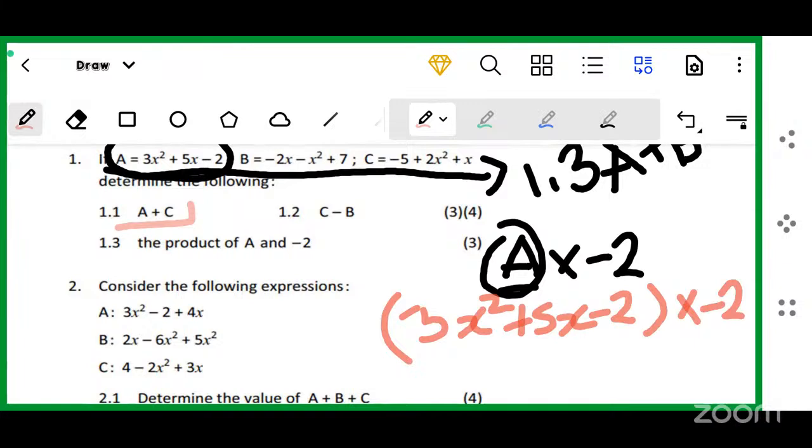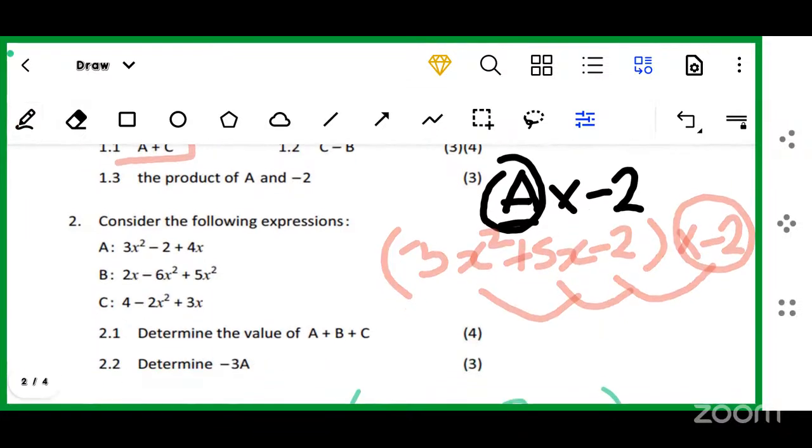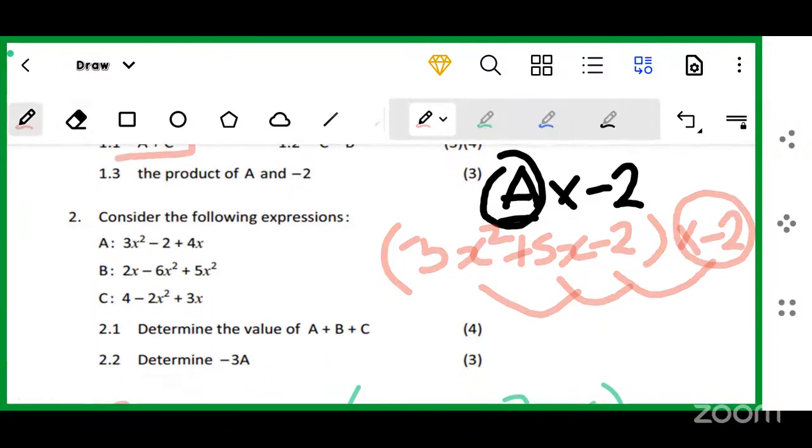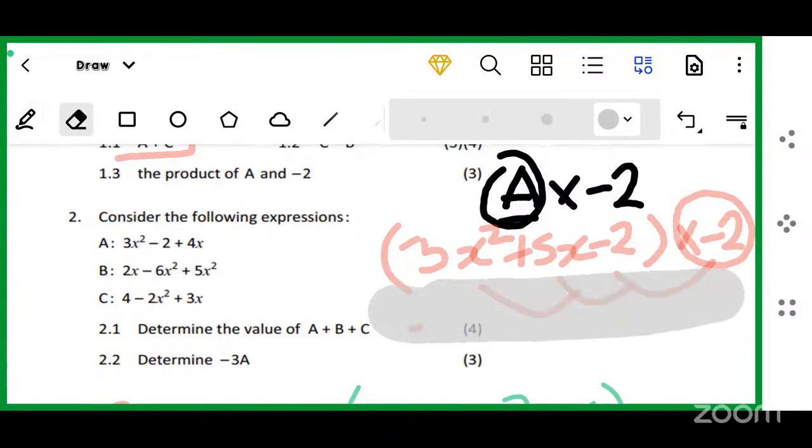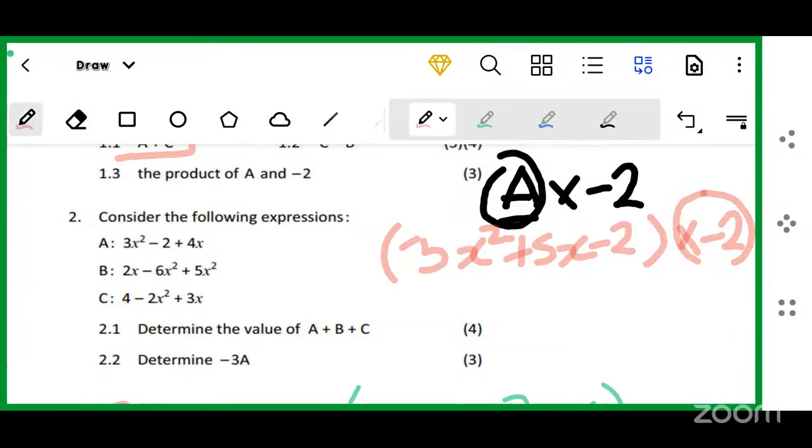So this means that the number outside the bracket is going to multiply each and every number inside the bracket. So you're going to have negative 2 multiplied by 3. What is negative 2 times 3? Negative 6. Perfect.